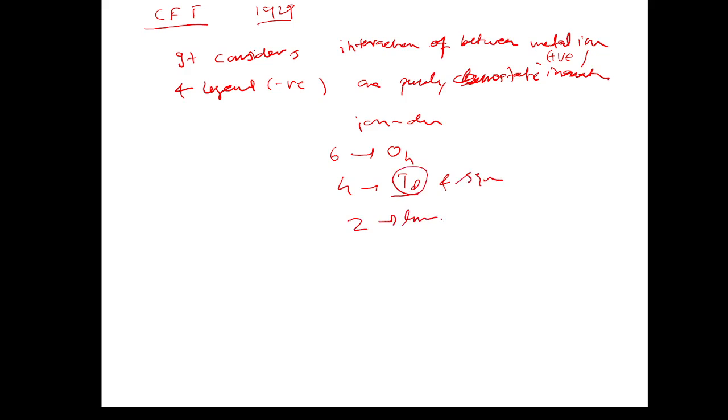Okay, so what is their basis? Basically on the basis of minimum repulsion between metal and ligand, and between the ligands, they calculated the bond energy from the potential curve and matched it with the experimental value.